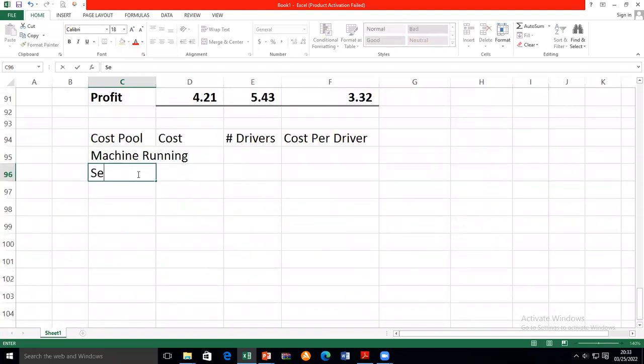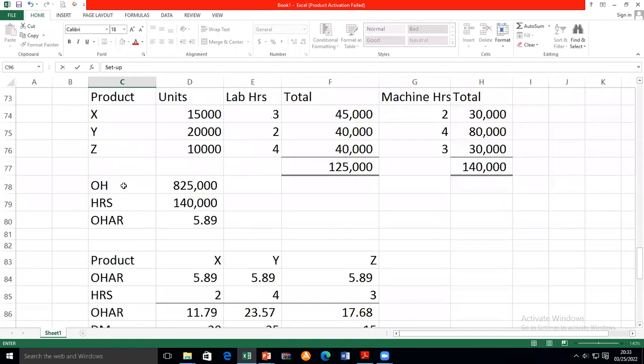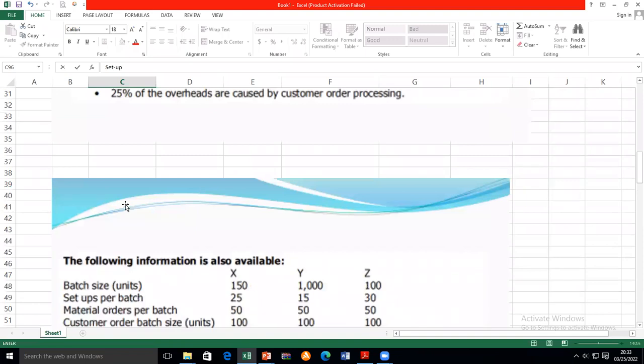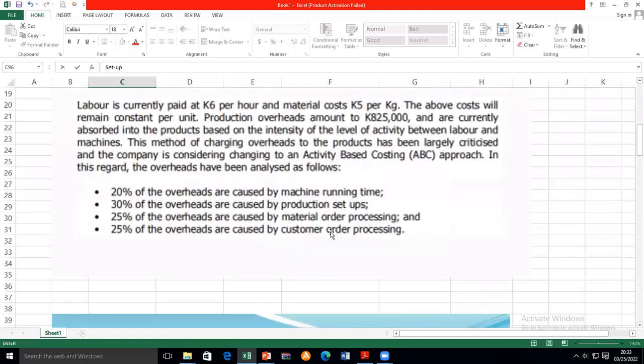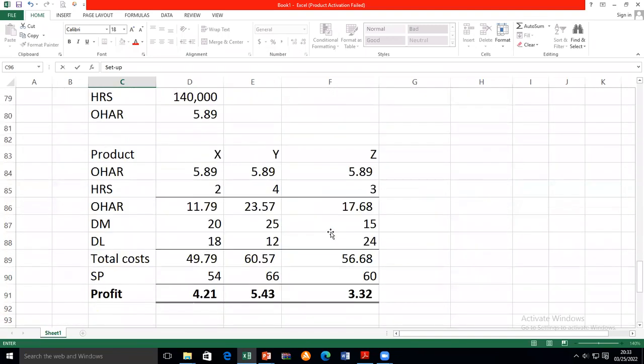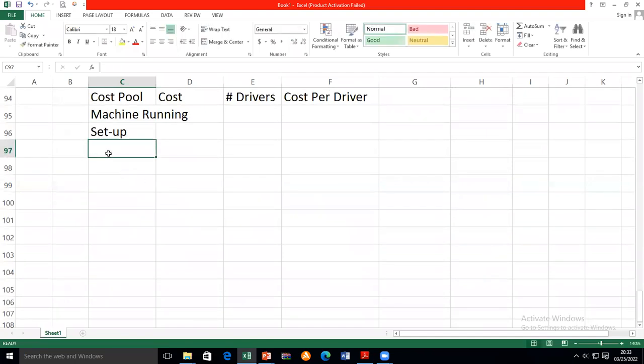Then we've got order processing, material order and customer order processing. So these are the two.